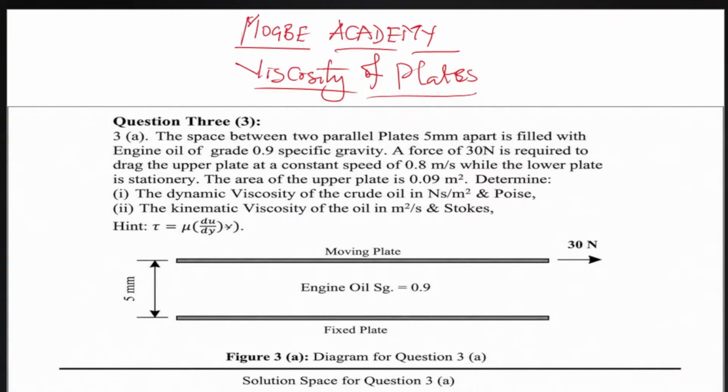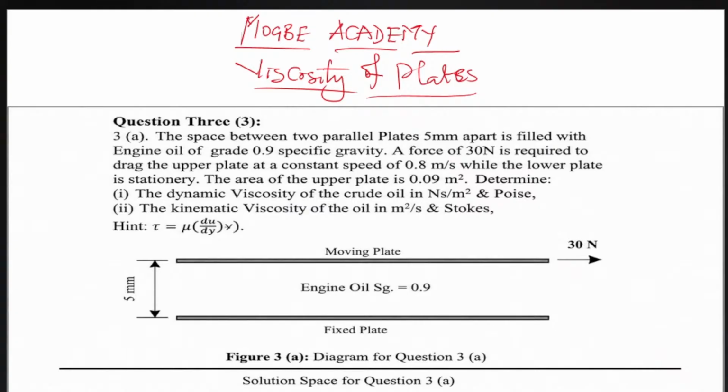Now you were also given a hint: shear stress is equal to dynamic viscosity multiplied by the velocity gradient. Now remember, this is your rule for Newtonian fluid.